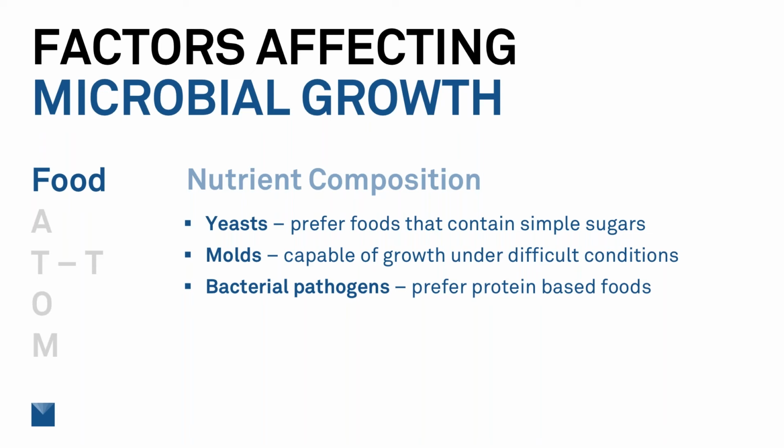Molds are capable of growth under difficult conditions, and we'll see that as they are able to have the lowest water activity limit of other microbes, so they can really persevere under difficult situations. Bacterial pathogens prefer protein-based foods. So you'll see that in our peanut butter, our milk, and our meat. Those happen a lot, all because those have a lot of proteins in them.